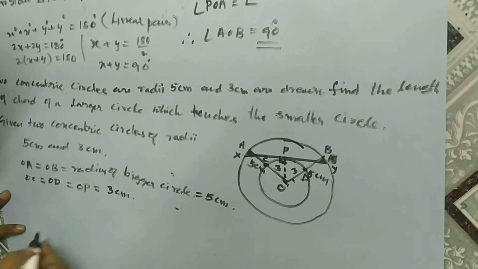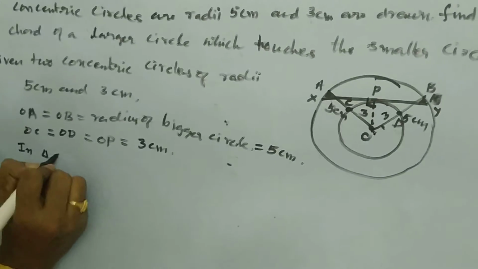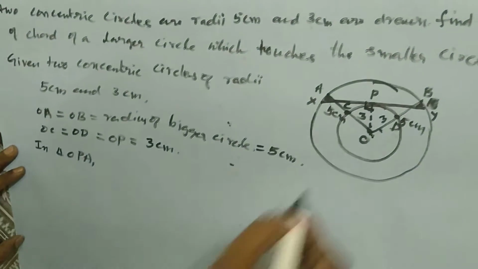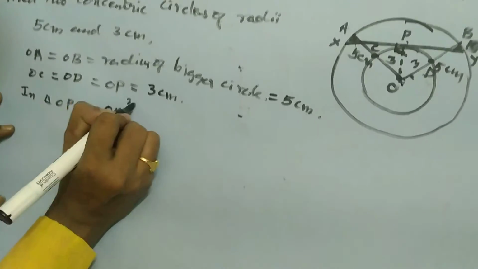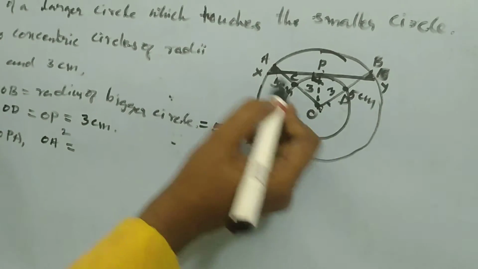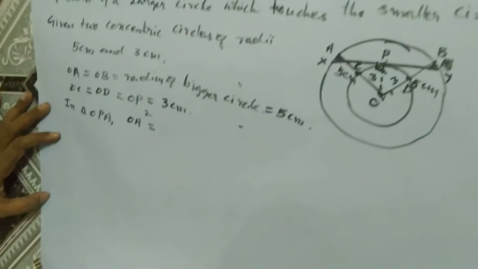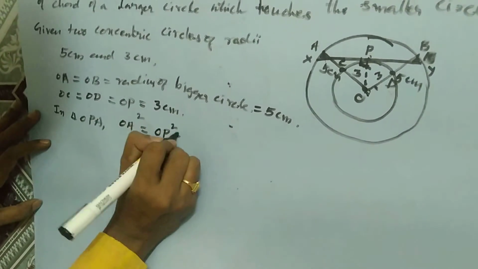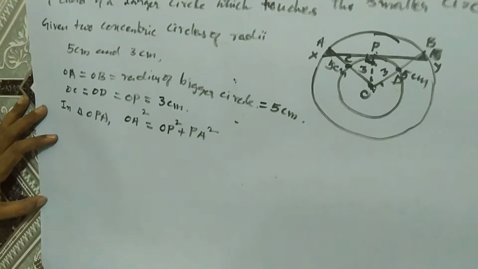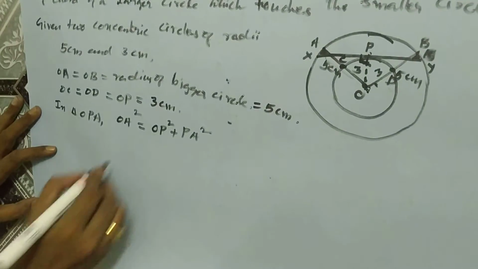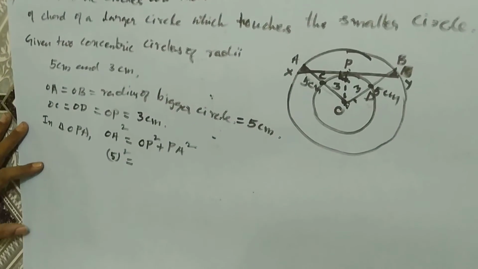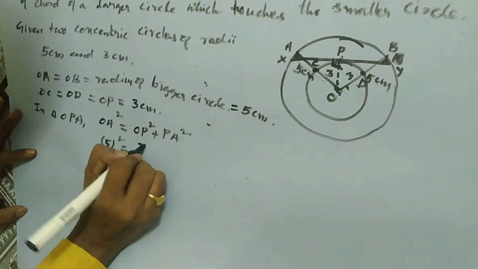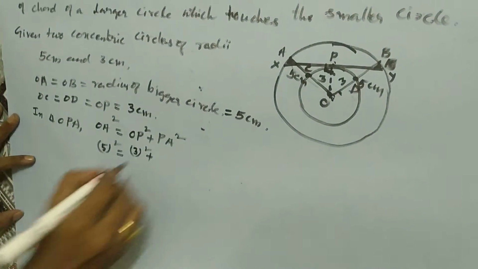Consider triangle OPA, in which the angle is 90 degrees, and the side opposite is the hypotenuse. By the Pythagoras theorem, OA squared equals OP squared plus PA squared. OA is the radius of the bigger circle, so 5 squared equals OP squared, where OP is the radius 3, plus PA squared.